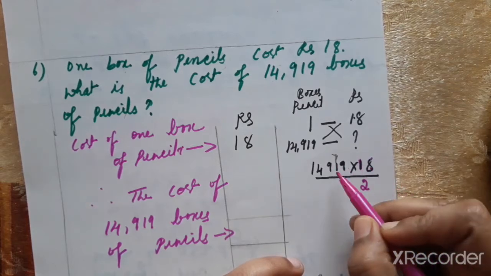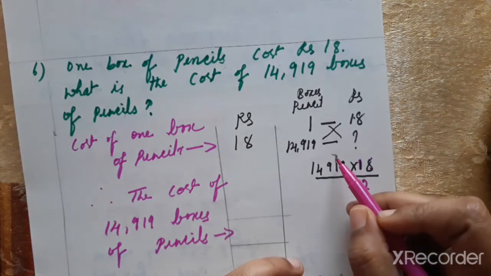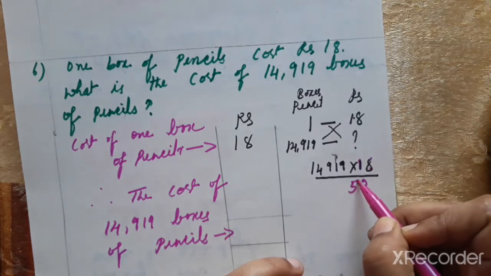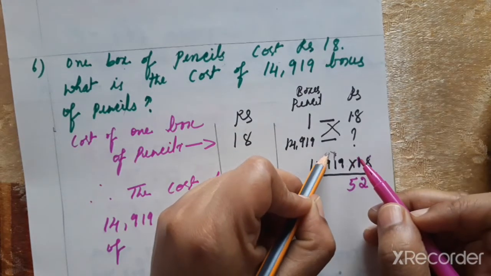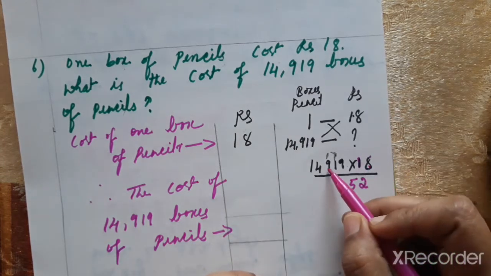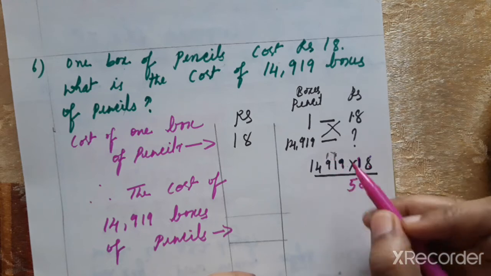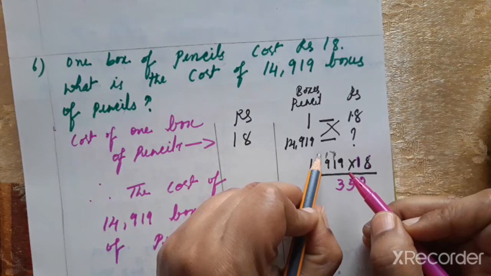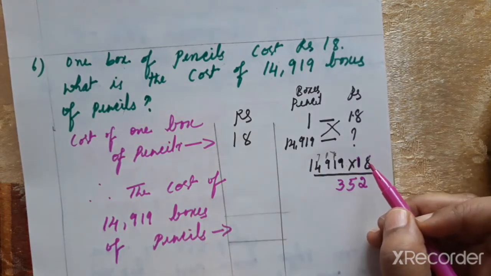Now 8 1s are 8. 8 plus 7 is 15. 15 means 5 here, and 1 carry over to the next place. Again 8 into 9, 8 9s are 72. 72 plus 1 is 73. 73 means 3 we write, and 7 carry over to the next place.